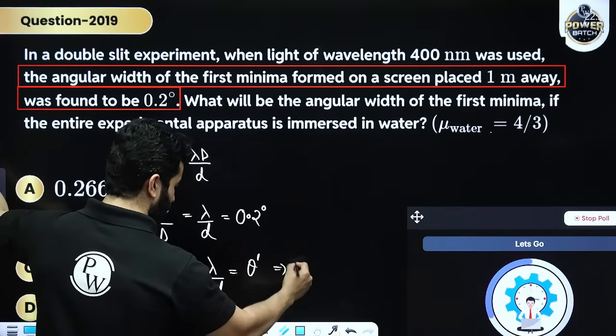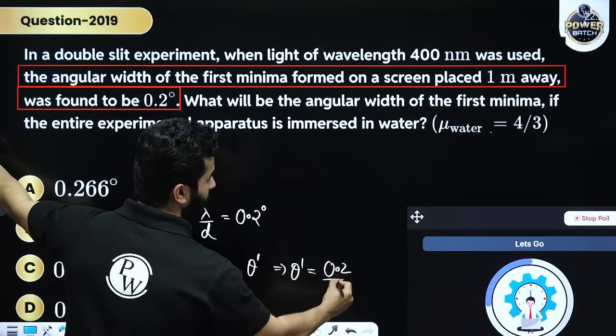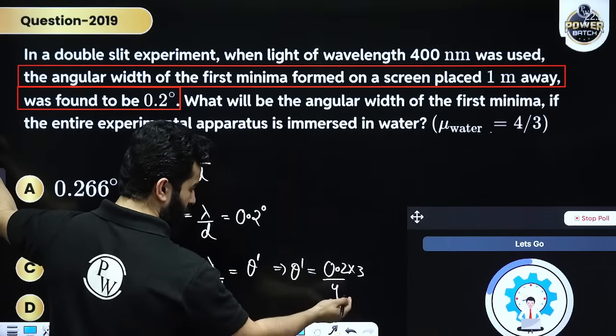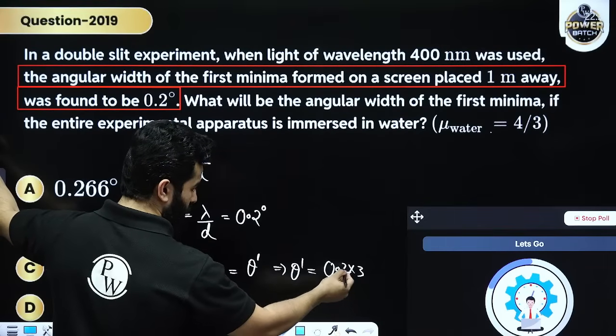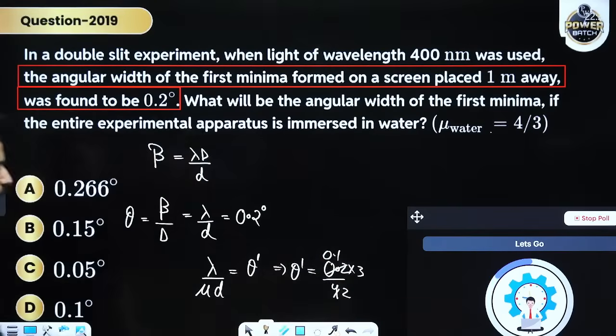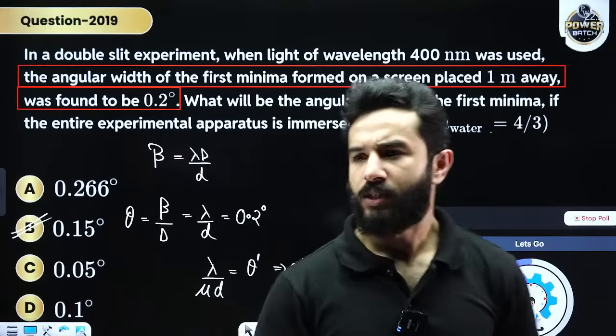So theta dash will be lambda divided by d, which is 0.2, divided by 4 by 3. Solving, this becomes 0.1 into 3 by 2, which is 0.15 degree. So 0.15 degree is the correct answer. Clear? B is the correct answer.